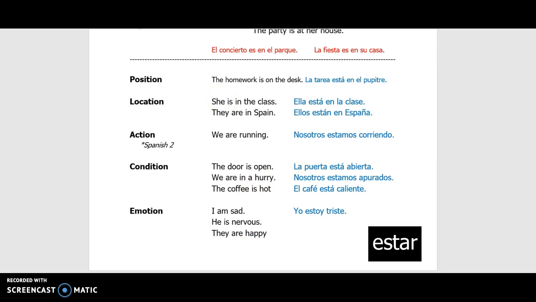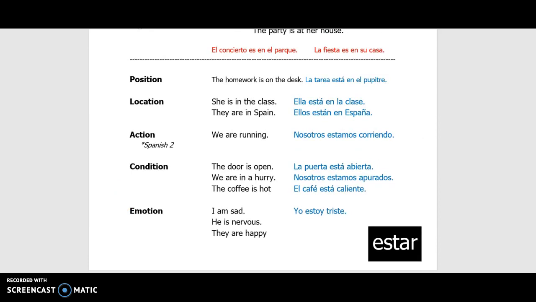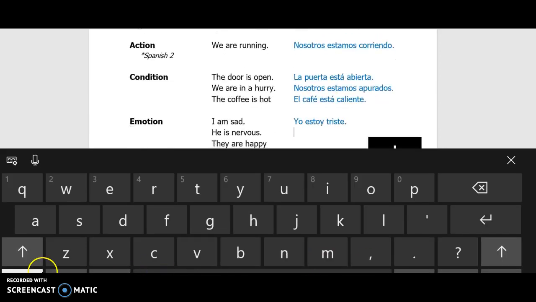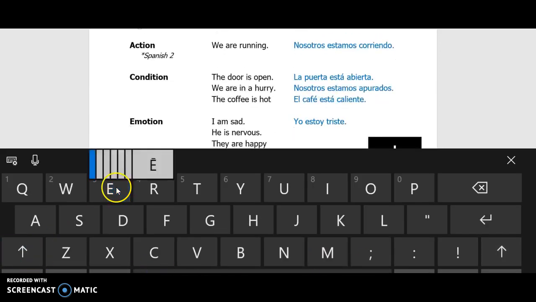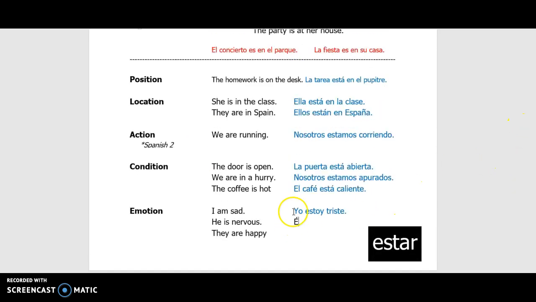Él has an accent mark over that E. Oops, make it capital. Goodness. Oh, that would work. And I'll make it blue later. Él está nervioso. And they being happy.